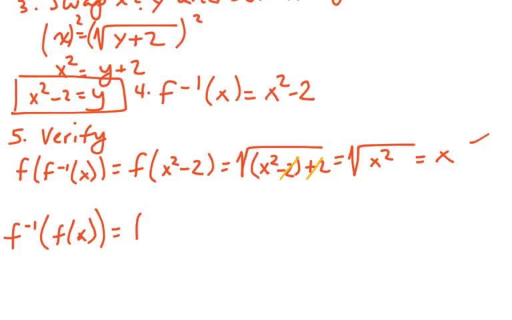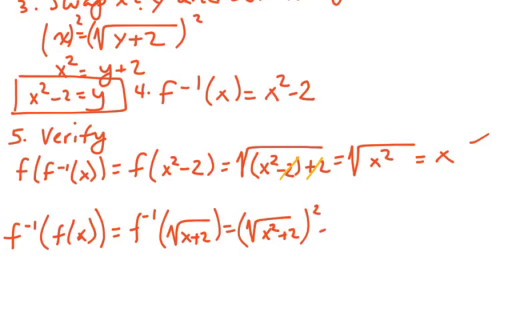And the other way, f inverse of f of x, where f of x is the square root of x plus 2. I'm going to put that into the inverse function that we found. And that is the square root of x plus 2, squared, minus 2, and that equals... oh, I got a problem here.